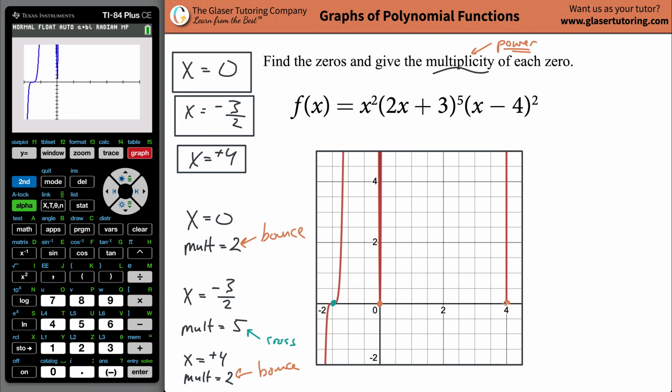You gotta like the sound effects. In any case, they're always going to just bounce, go boop, off the x-axis. So if you have an even multiplicity, you're going to think in your mind, boop, boop, boop. I feel like there's an EKG in the room. Wow, I'm getting distracted.